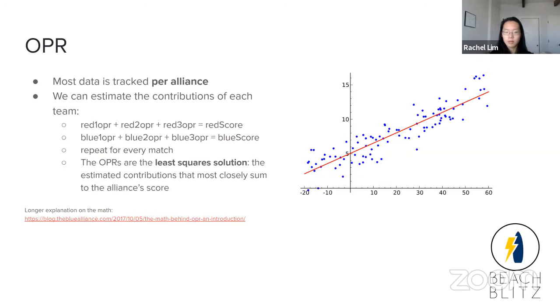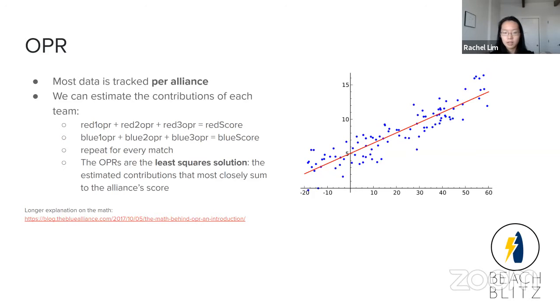It takes the simple assumption that each team scores the same number of points each match. So you can say that the OPRs of the three teams on the red alliance equal that alliance's score, and the same for the blue alliance. Then if you repeat that for every match that's been played, you get a series of equations that's overdetermined, meaning there's variation between teams' performances, so their actual contribution between matches will vary.